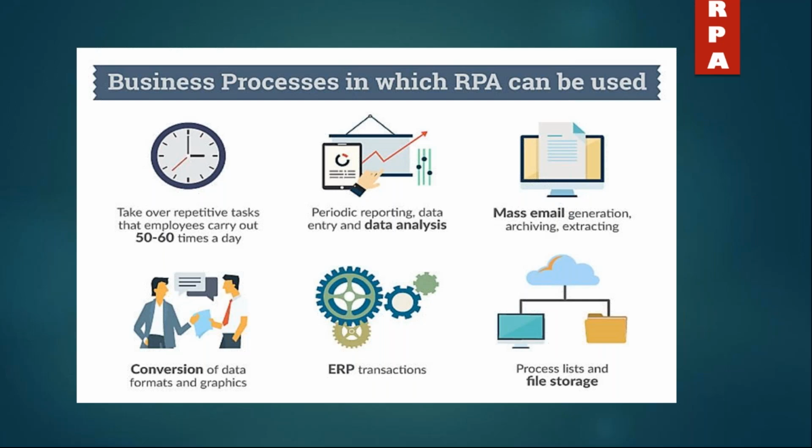And periodic reporting, data entry, and data analysis. Suppose, for example, mass email generation, archiving, extracting, these kinds of operations we can also do with the RPA tool, right? And conversion of data formats, like PDF to Word conversions. Suppose we have a PDF file and we need to extract some data from that file.